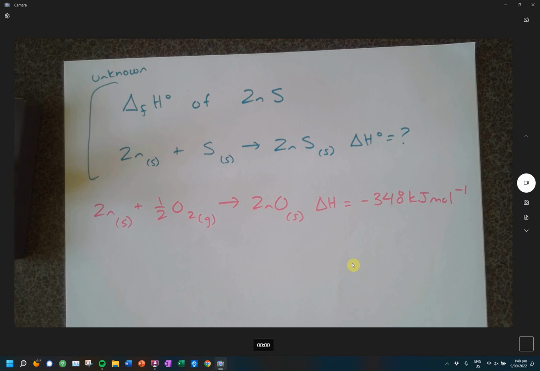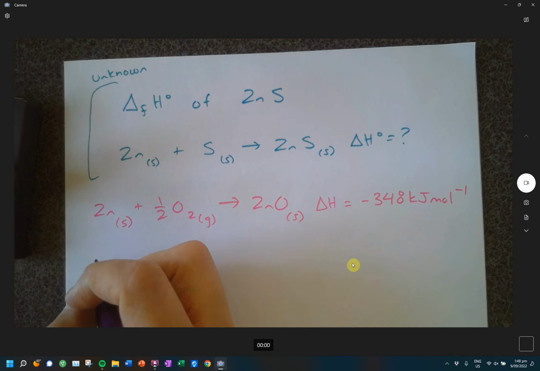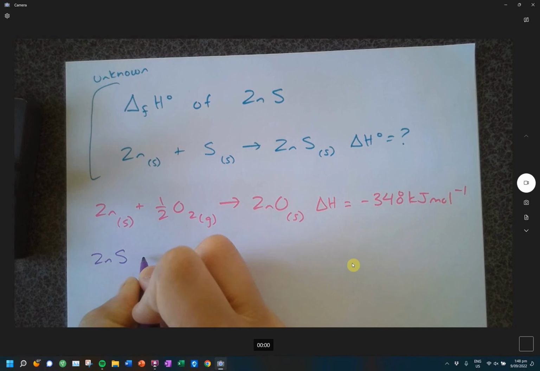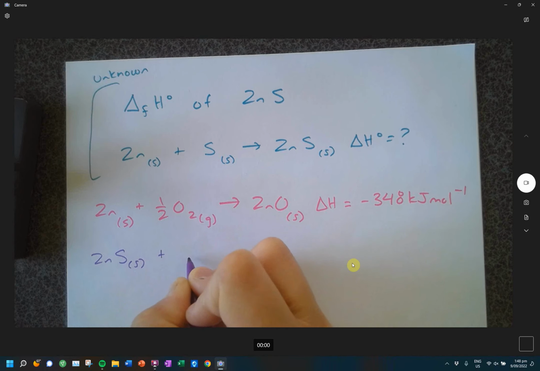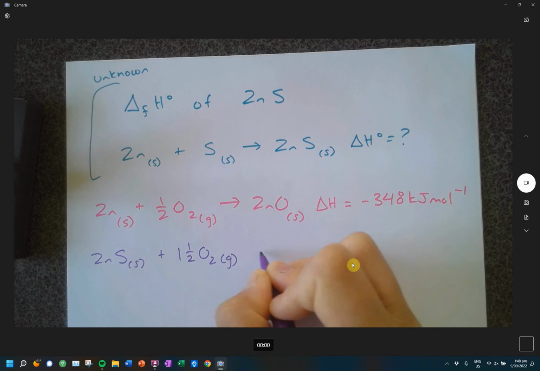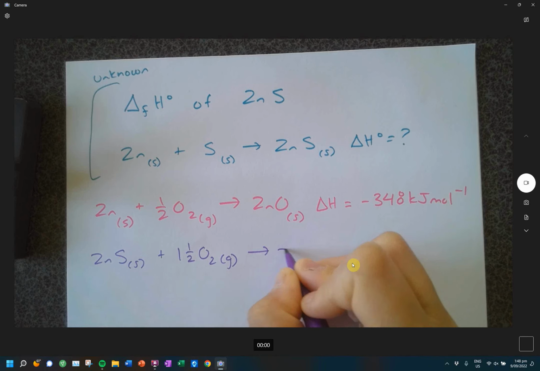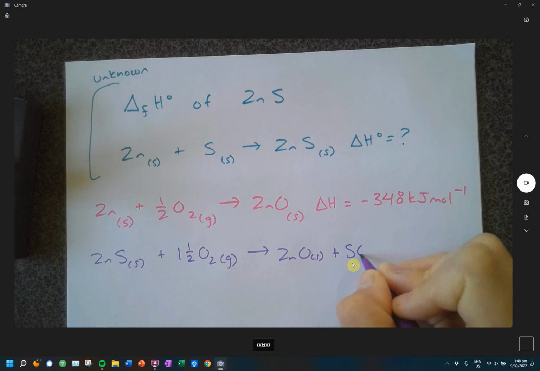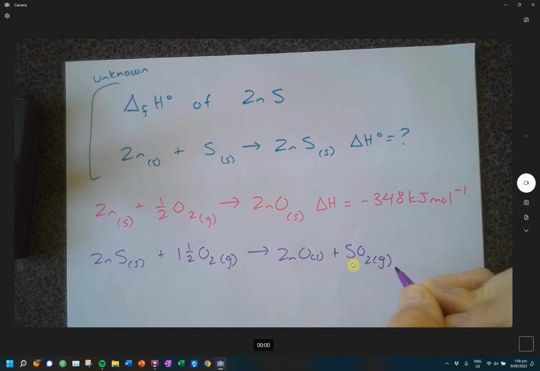Should I do the equations in different colors? That way we can keep track of which one's doing what. They've given me the combustion of zinc sulfide, and that makes my zinc oxide and my sulfur dioxide, which is a gas.